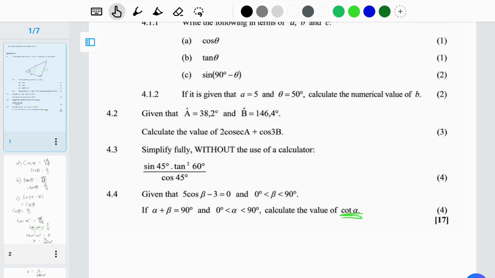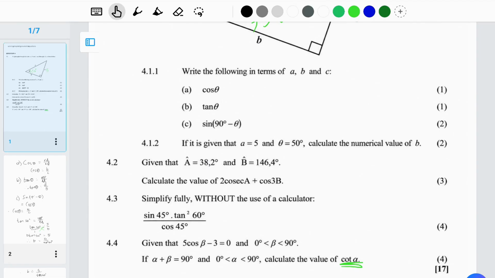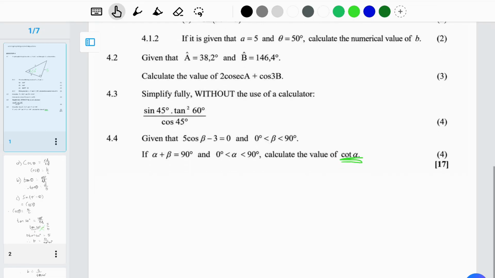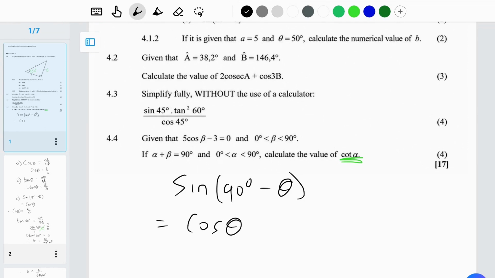1.33. Okay, so let's do C. C says 4.1.1: sine of 90 degrees minus theta. Sine of 90 degrees minus theta actually equals cos theta. This is what we call a cofunction.